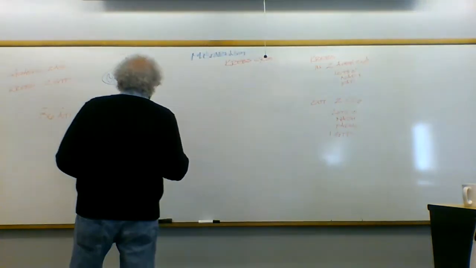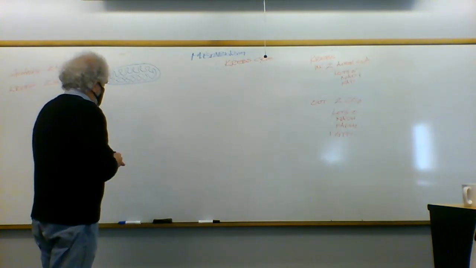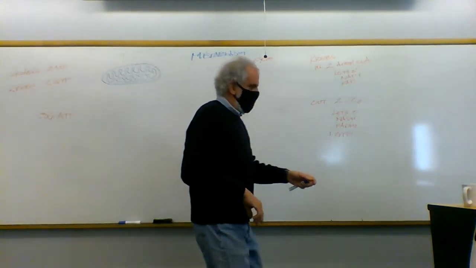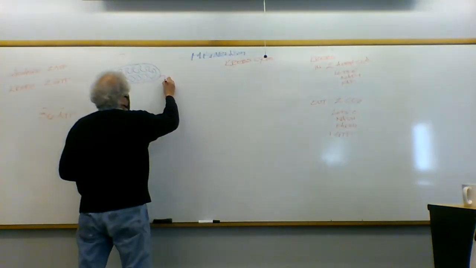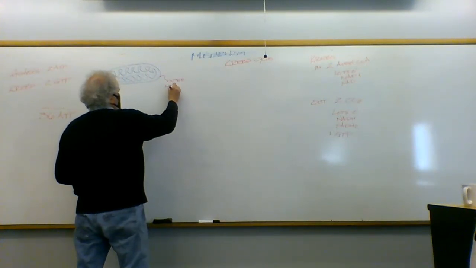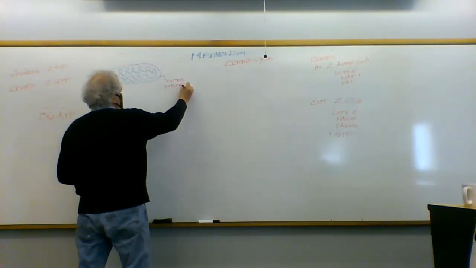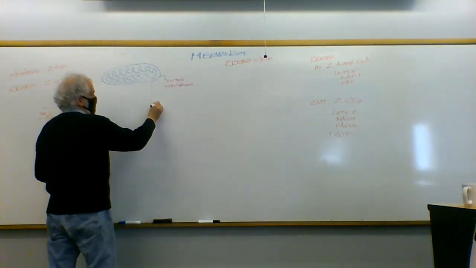And just to throw in the names here, a little bit of mitochondrial anatomy, we've got some rather clever names. This is known as the outer membrane. You'll never guess what this membrane's called. The inner membrane.